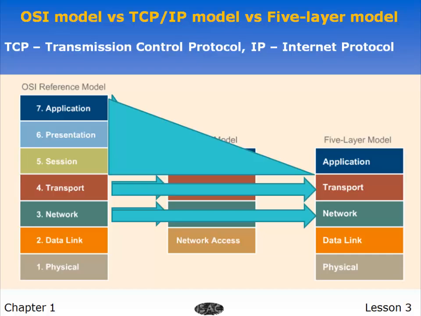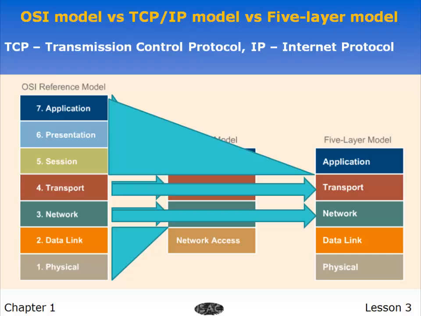Next was the real difference. In the TCP/IP model, we combined 2 layers, physical and data link, into 1 network access layer.